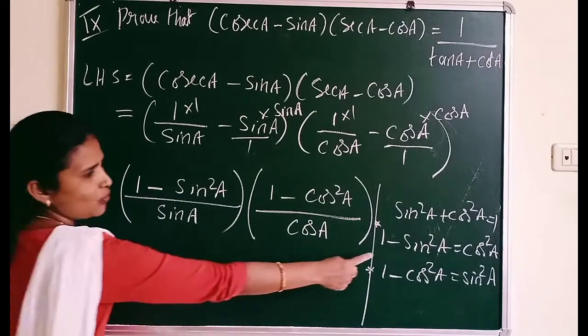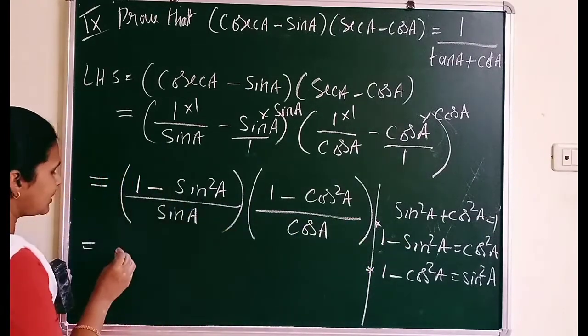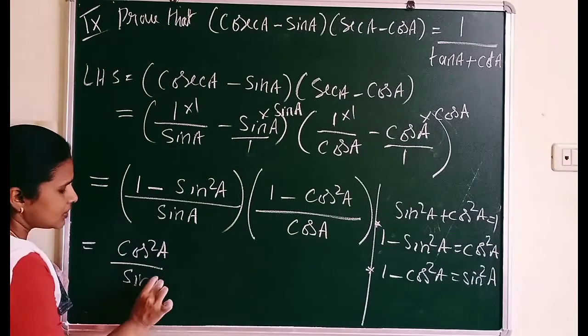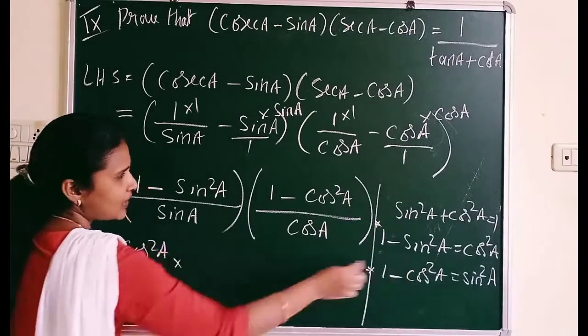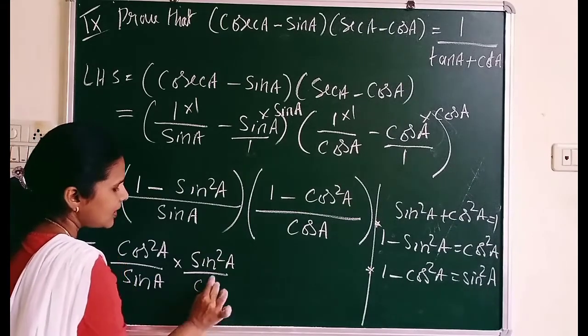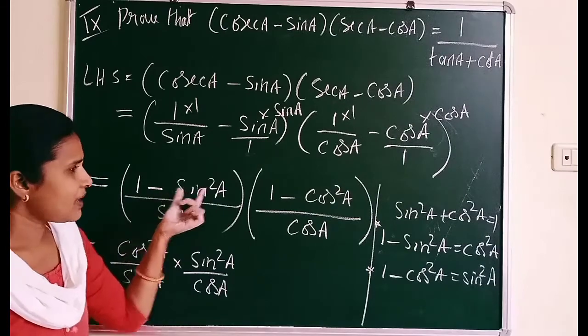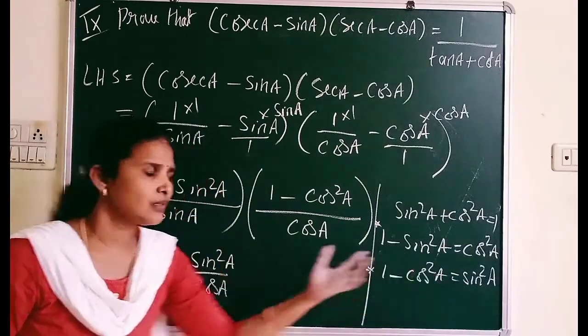You can observe that 1 minus sine square A is cos square A. So I can replace 1 minus sine square A by cos square A, by sine A, into 1 minus cos square A replaced by sine square A, by cos A remaining.